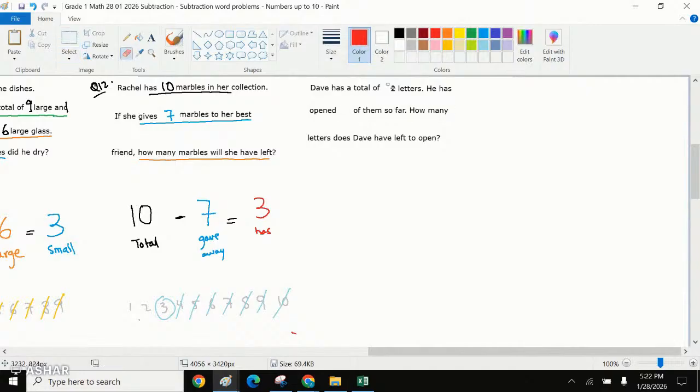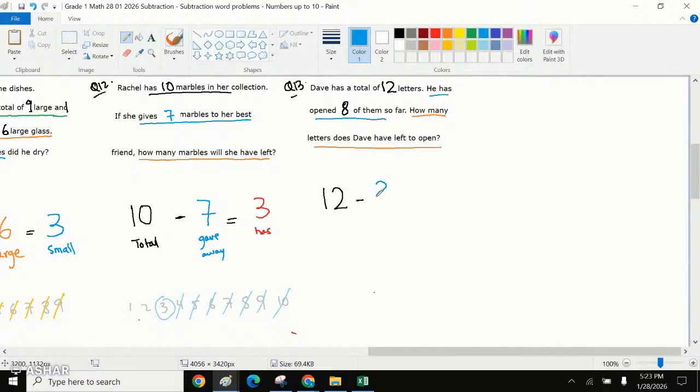Let's change these numbers. In question number 13, they're saying Dave has a total of 12 letters. He opened 8 of them. How many letters does he have left to open? So the total number of letters were 12 minus the number of letters opened.